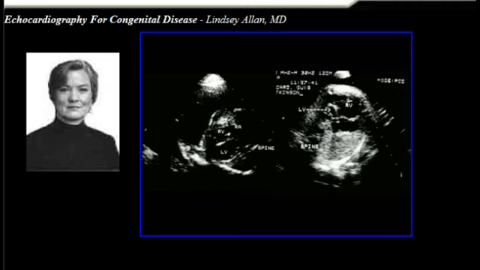So the evolution of congenital heart disease, how it changes in prenatal life, has proved a very interesting understanding of how congenital heart disease in some cases can develop while you can watch it.